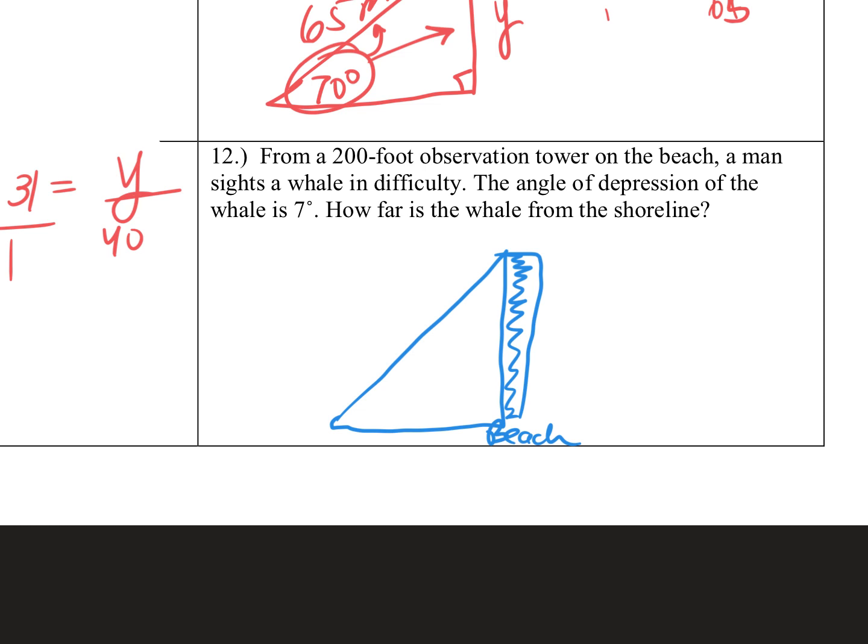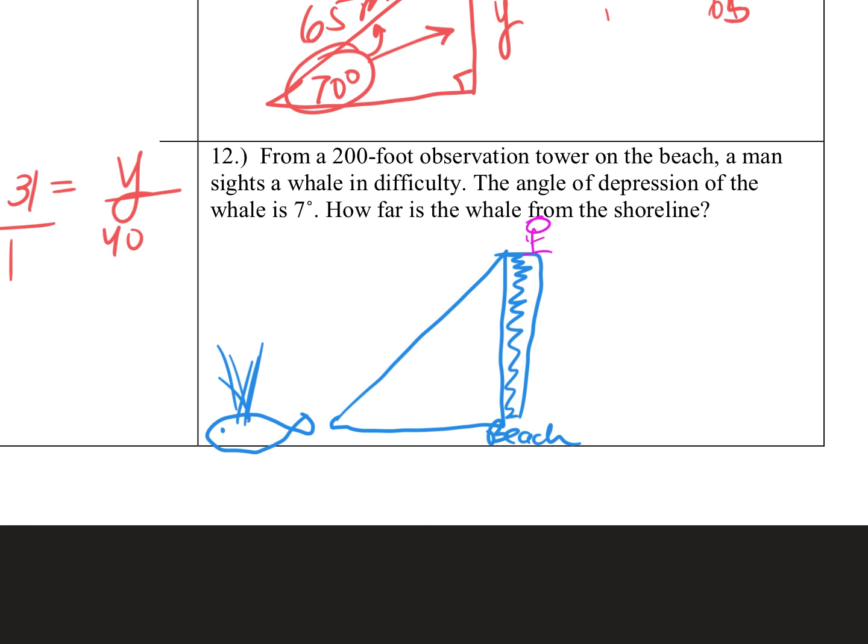Okay, that's bizarre, but whatever. Where is the man if he's on a 200-foot observation tower? Is he standing on the beach or is he at the top? He's at the top, right? We got our man over here, right? And he sees this poor whale. There's my whale. He's shooting water out. He's in difficulty. That guy looks like he's having difficulties, right?